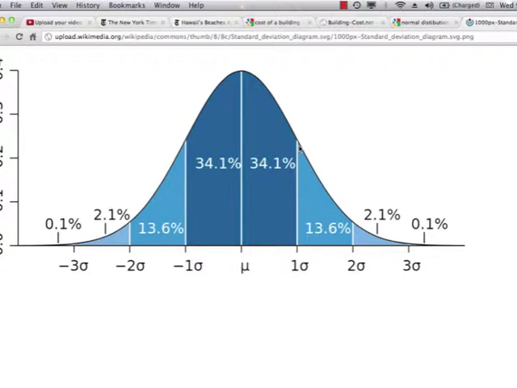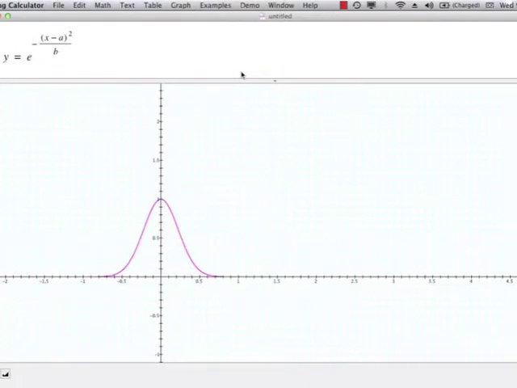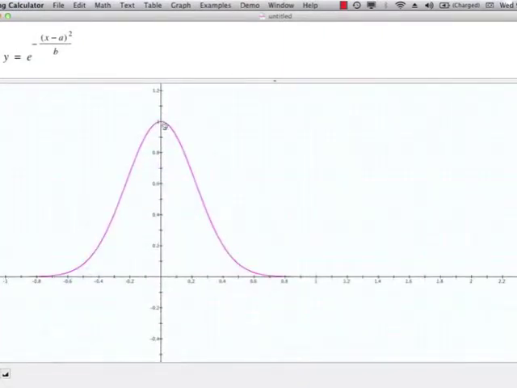What I really want to say as we get into this is that the mean is where the first derivative of this function is equal to 0, and the standard deviation is going to be somewhere in here, where the second derivative of this function is equal to 0. We're going to get there eventually.